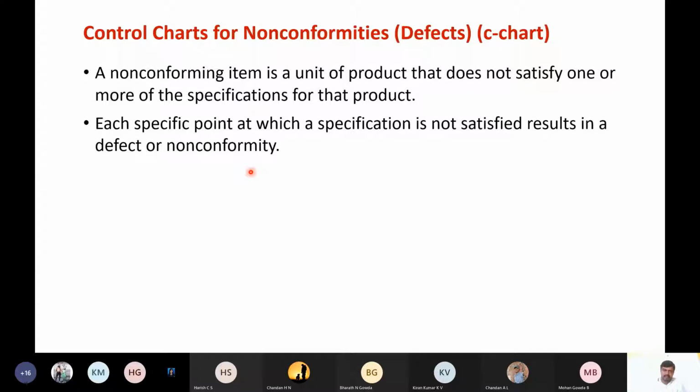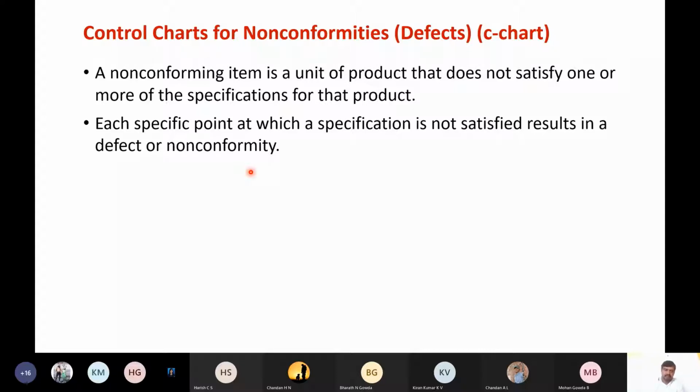That will result in losing brand value for the company manufacturing the vehicle. Similarly, if the company is assuring that you can ride the two-wheeler at a speed of 140 kilometers per hour, but in reality you are able to ride only at 100 and it cannot go beyond that, then that is also a defect.